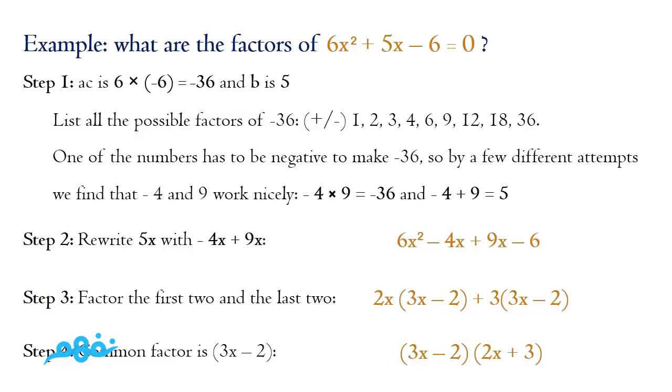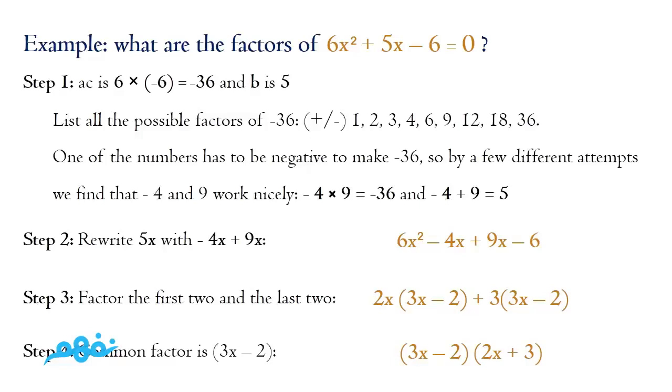So by a few different attempts, we can find that negative 4 and 9 work nicely. How? Because negative 4 multiplied by 9 equals negative 36, and negative 4 plus 9 equals 5, which is the b of the function.